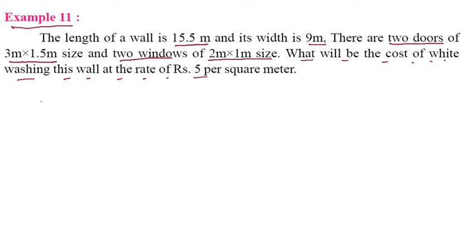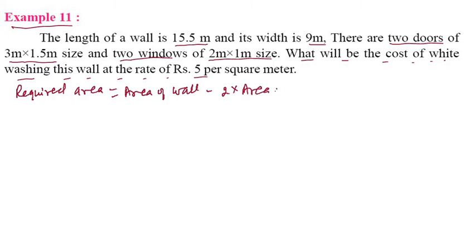So area of wall. First of all, required area is equal to area of wall minus 2 into area of door minus 2 into area of window.